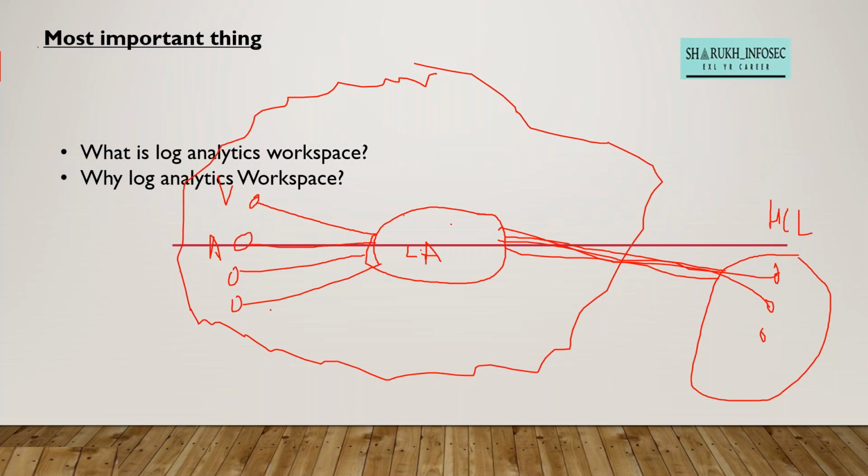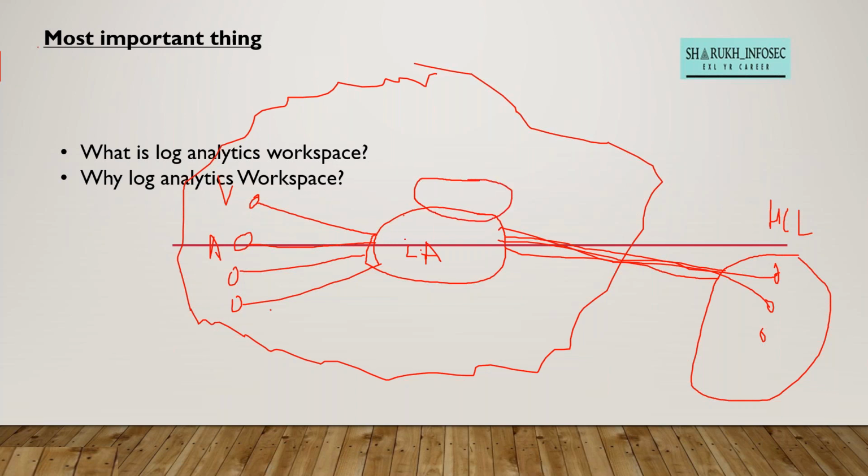Now let's talk about Sentinel. How Sentinel is working and where Sentinel comes into the picture. Guys, it took me around 25 days to understand the concept. It was hard, it was a struggle, but in simple terms, when you launch a Sentinel instance, it will be sitting on a Log Analytics workspace.